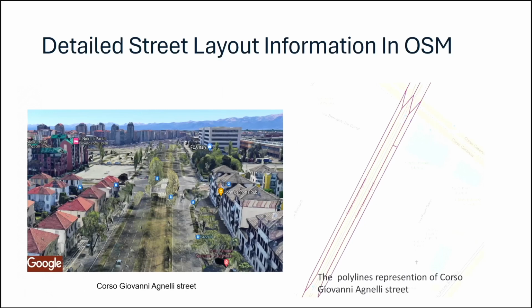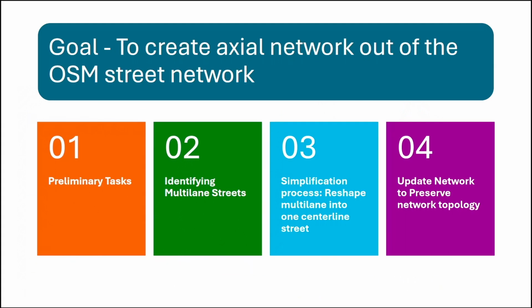And in OpenStreetMap, we try to digitize reality as much as we can. So this street on OpenStreetMap is represented by 4 lanes. But which one do we need to choose in order to create the center line? That's the question we tried to answer in that project.